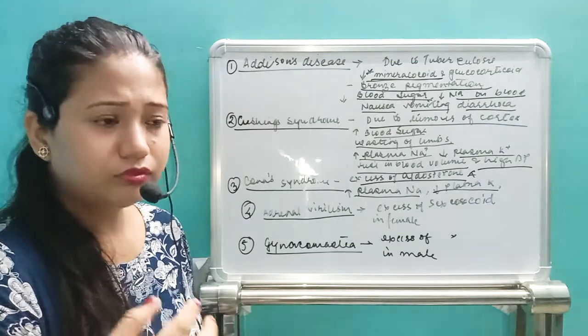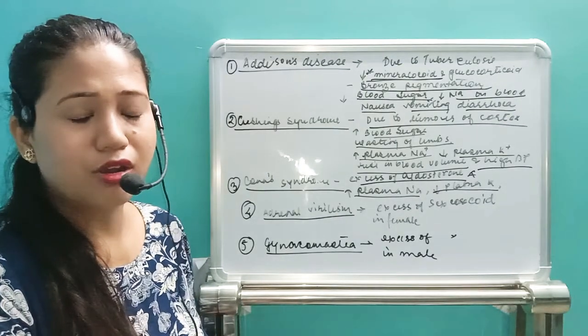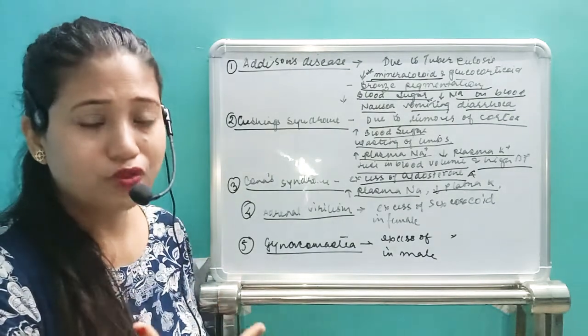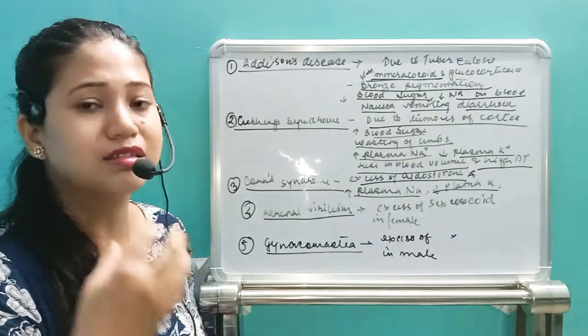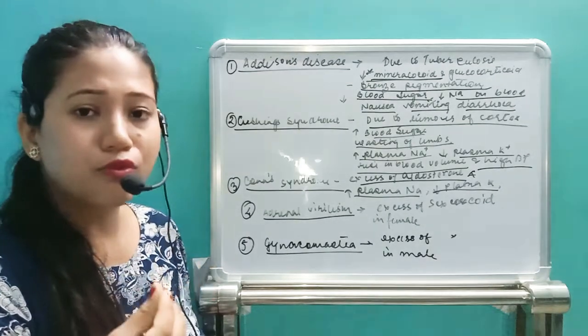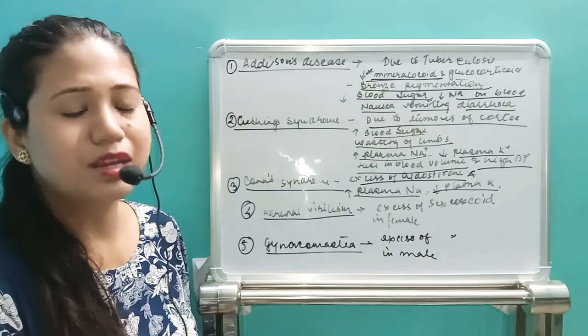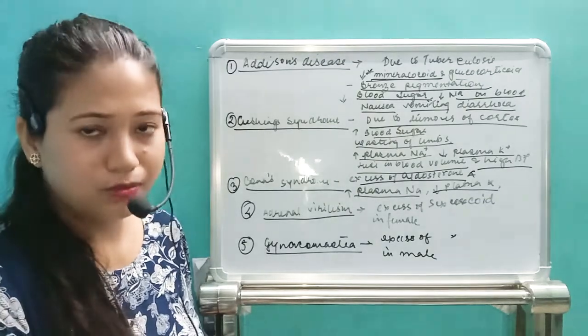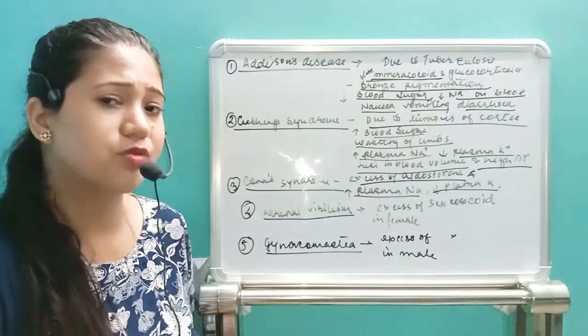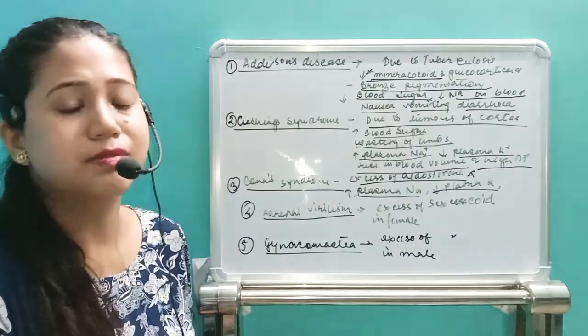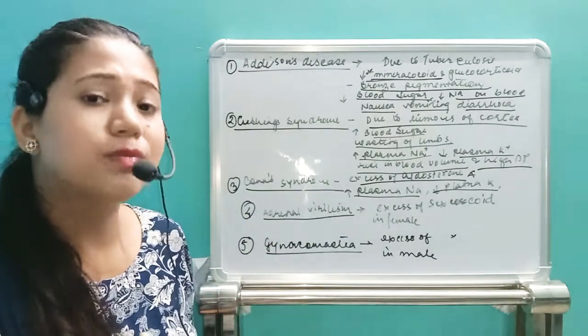It can also cause other problems, like a female-like voice, smooth skin and less beard development. That means in the male, female-like characteristics will appear, and in adrenal virilism male-like characteristics will appear in the female.